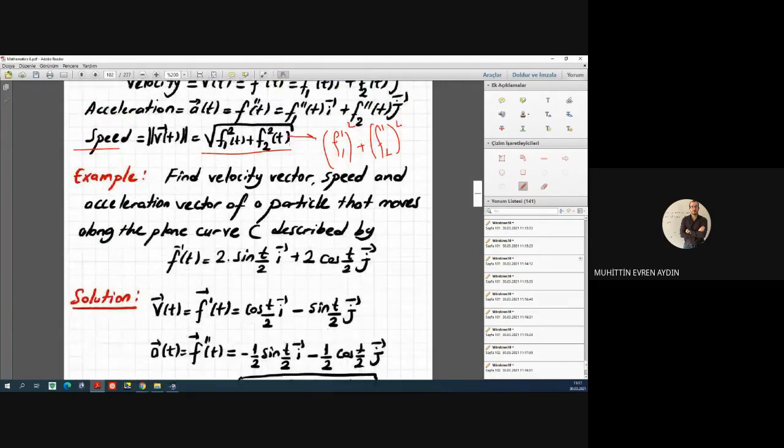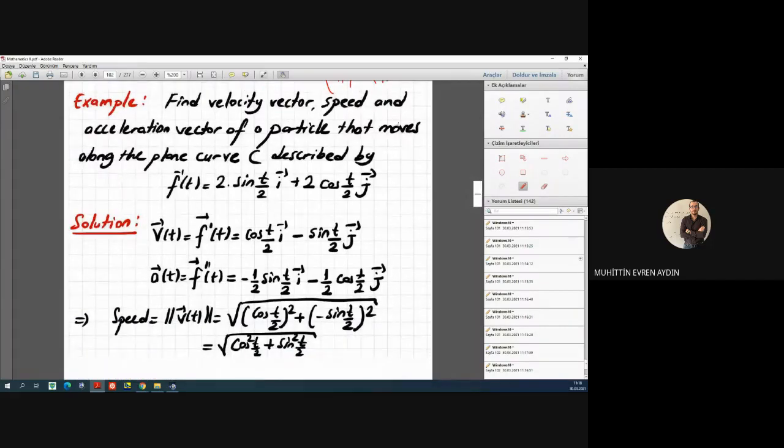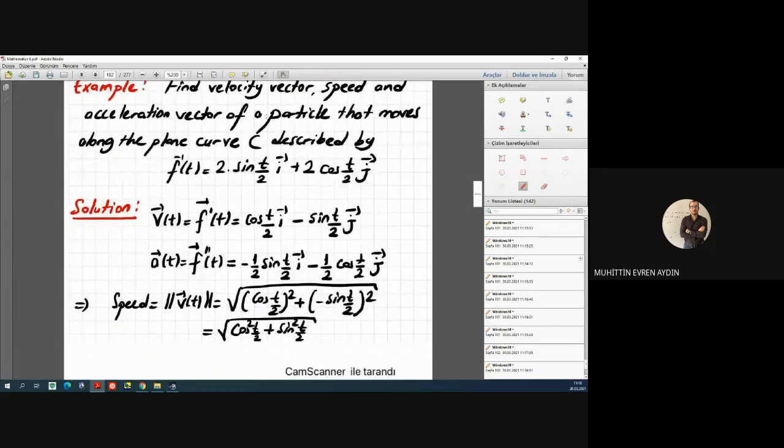Please pay attention here, not f1 square, f2 square, but f1 derivative, f2 derivative square.